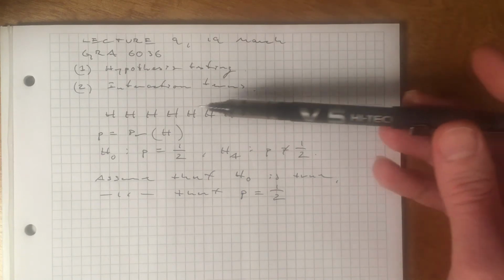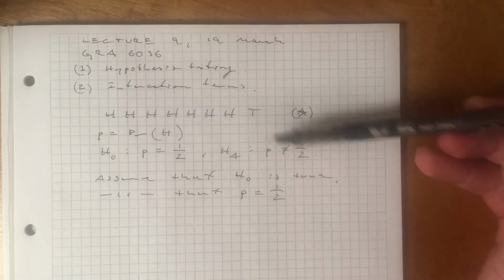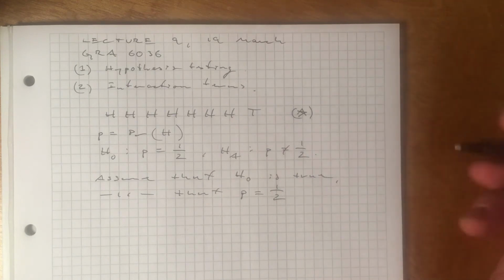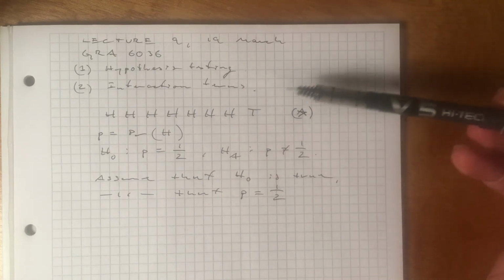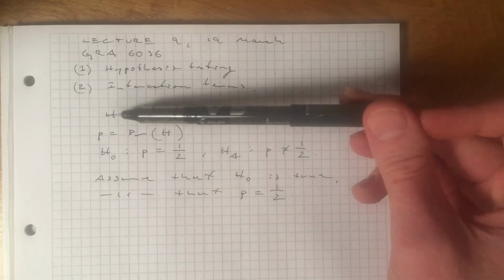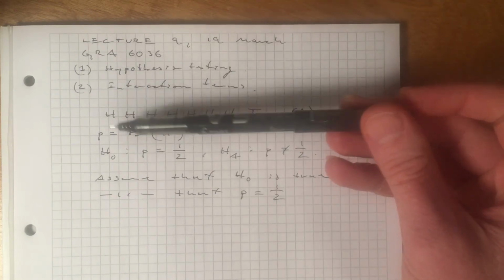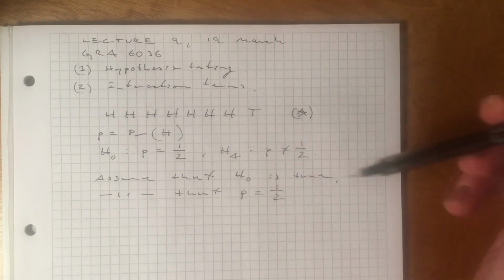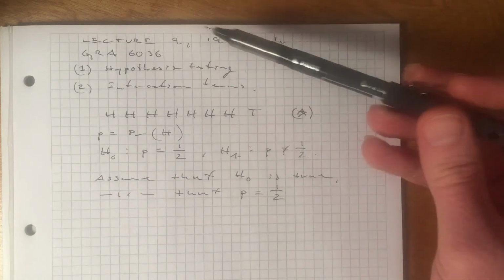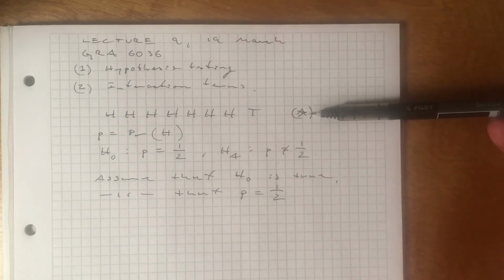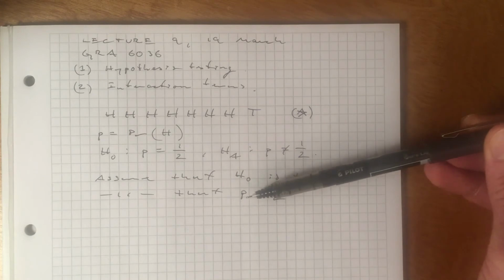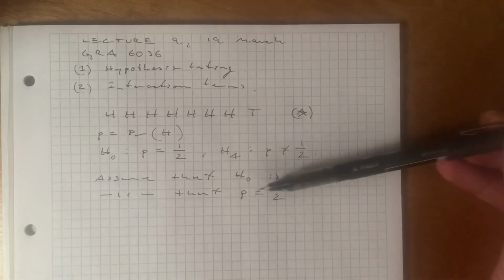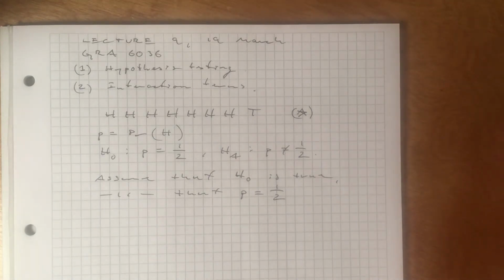You're not really likely to obtain this sequence if indeed p equals 1/2. Now, these being so-called Bernoulli trials, we can compute the probability of getting star under the hypothesis that p is equal to 1/2.